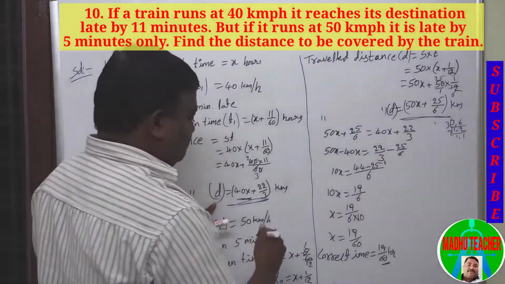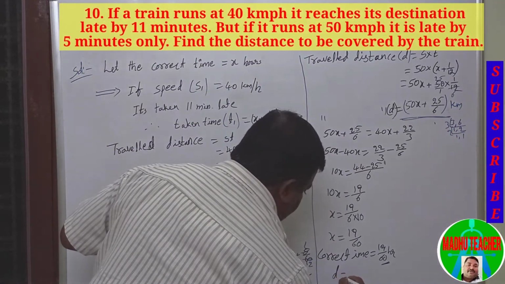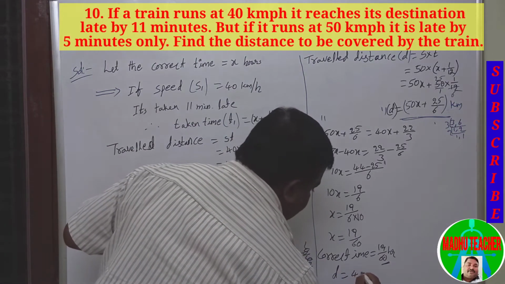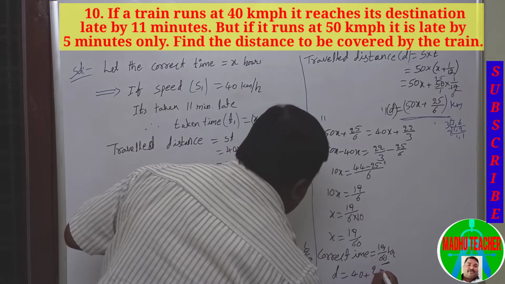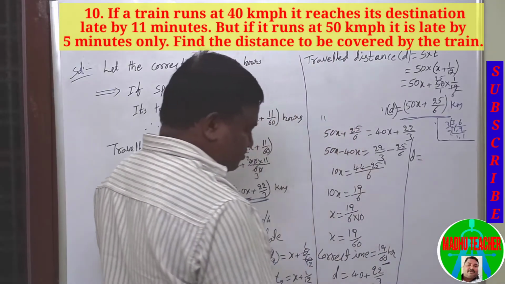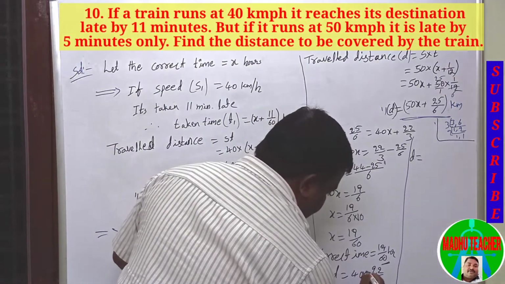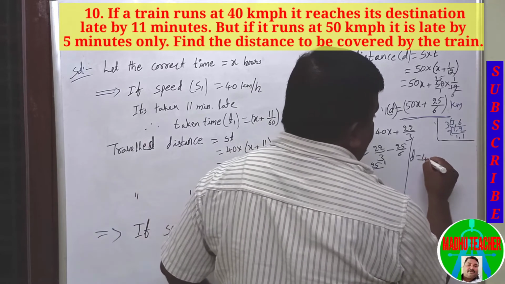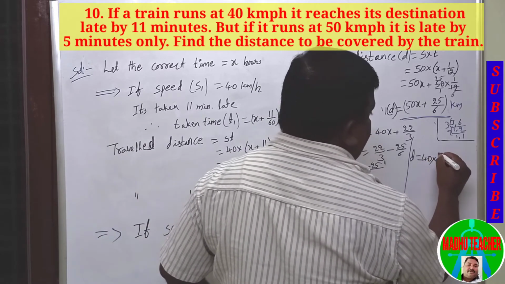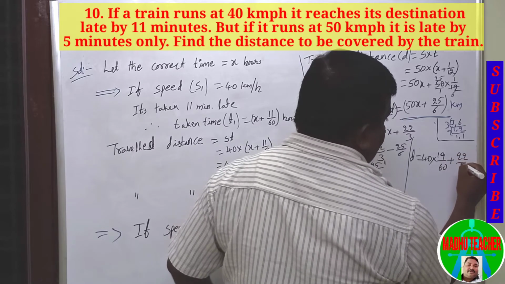Let us see that. I am substituting in the first one. What is given? D equals 40x plus 22 by 3. So 40 into x, where x is 19 by 60, plus 22 by 3.